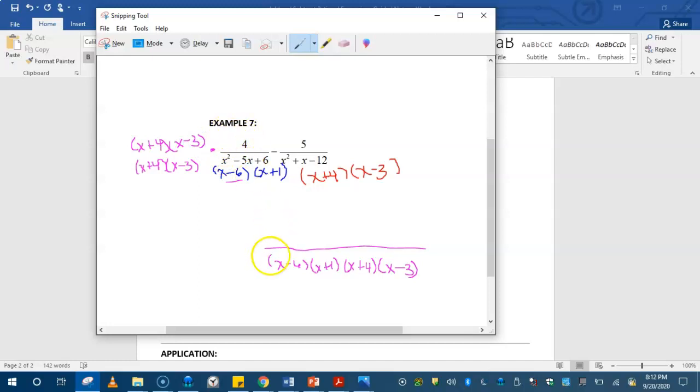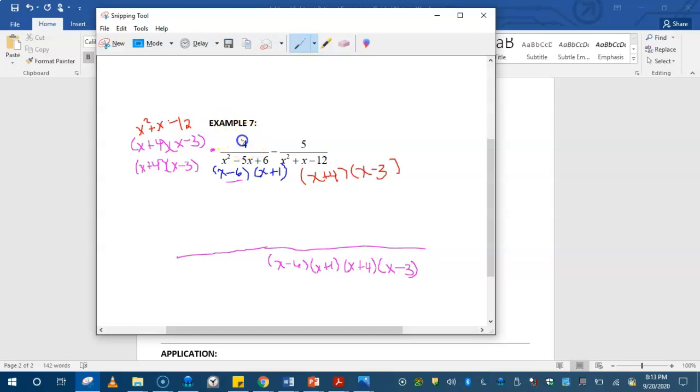And guys, I am going to make this very simple. I already know x plus 4 times x minus 3 is x squared plus x minus 12, right? That's where I got it from. So I'm just going to rewrite that up here because it's going to make it so much easier to simplify.